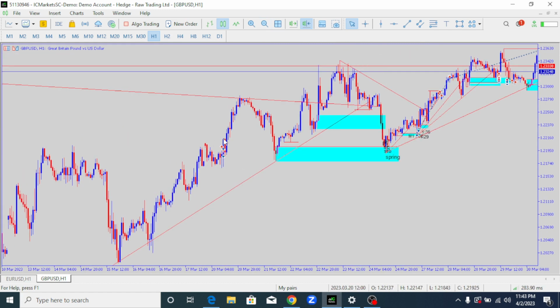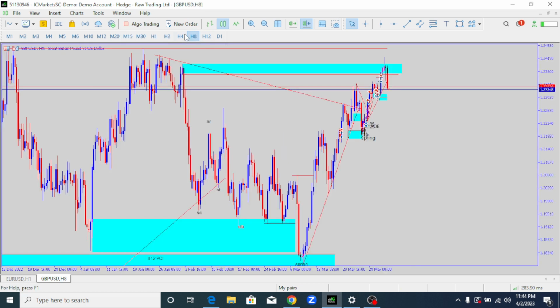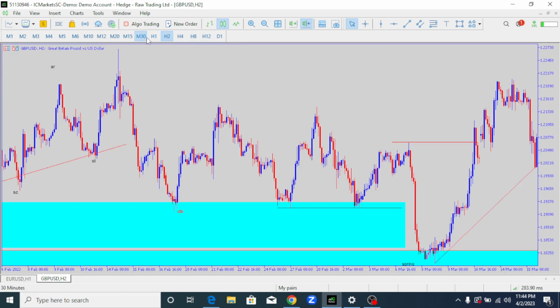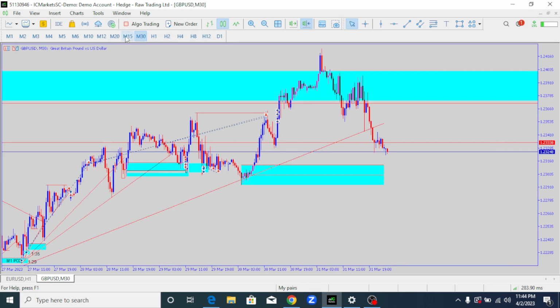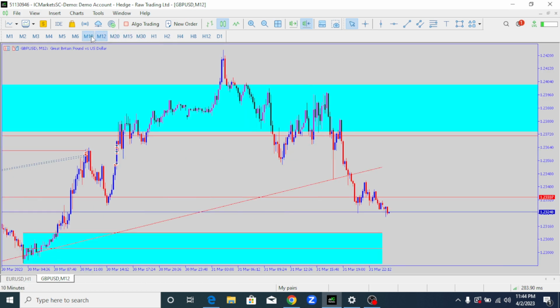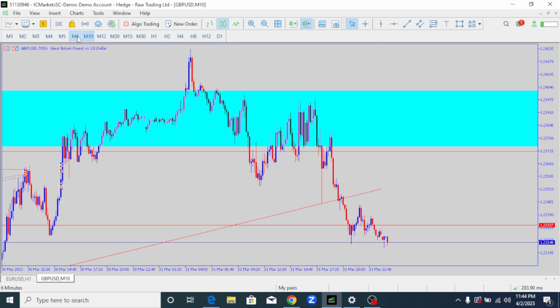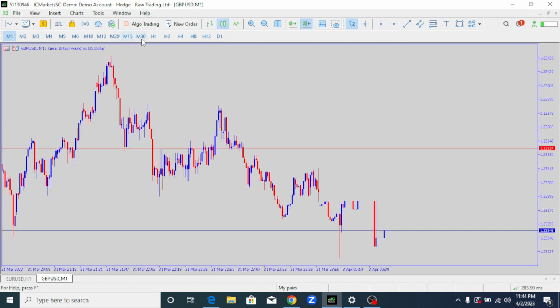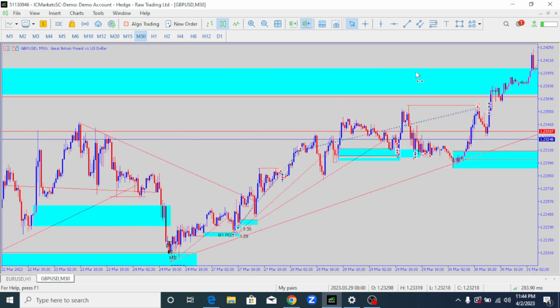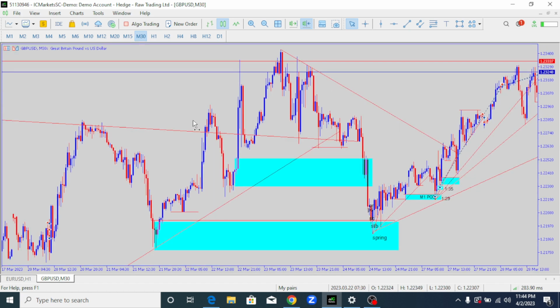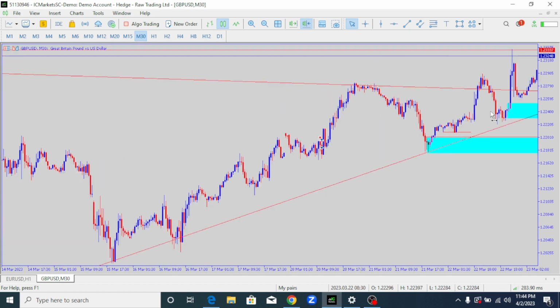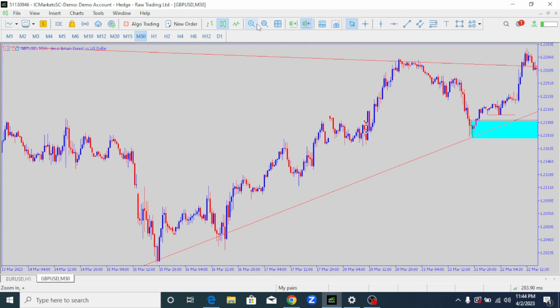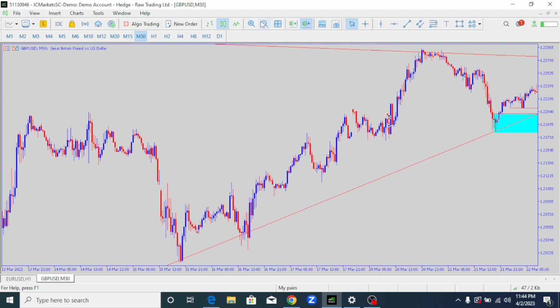Yes, same as here. Counter trend trades. The trend was bullish overall.